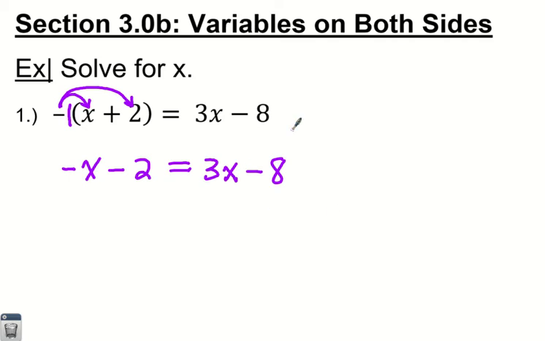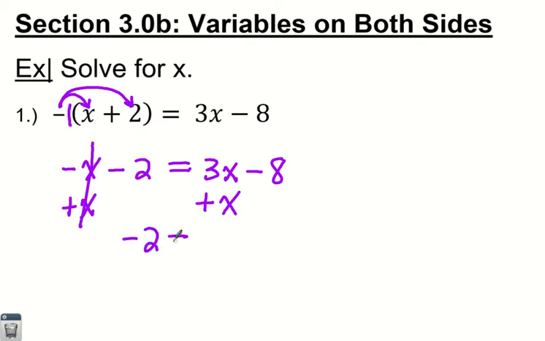Now, if you're following the priority of I really don't want to have negatives on my variable, well then you pick the -x to attack, the smaller one, and what's going to undo and get rid of -x is adding x to both sides. Remember, whatever you do to one side, go to the other. So that makes that go away. So it looks like we're going to gather our x's on the right.